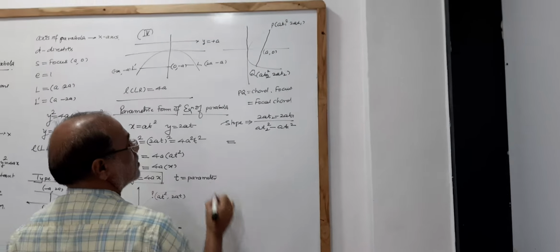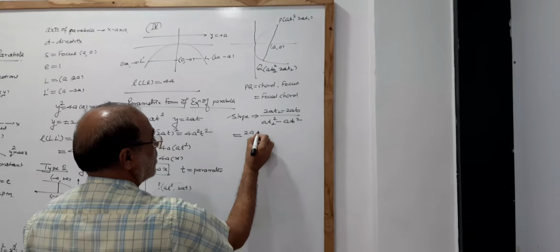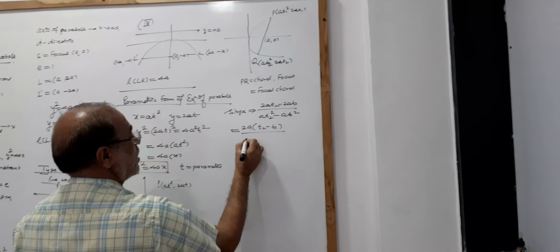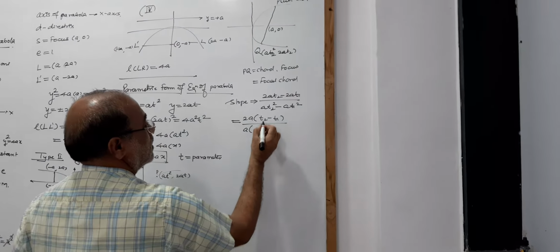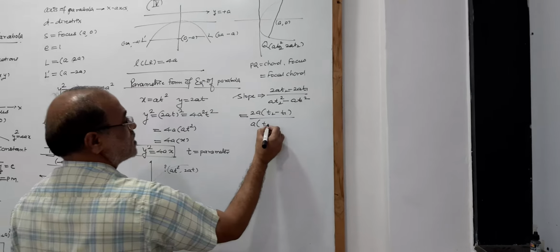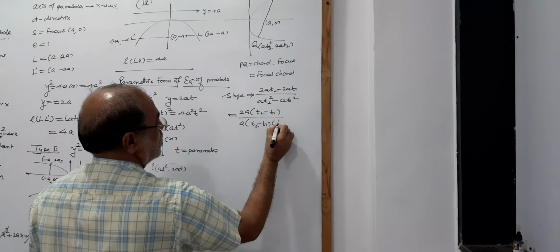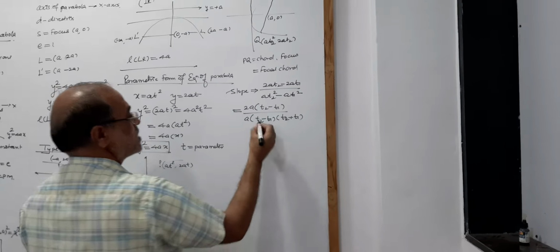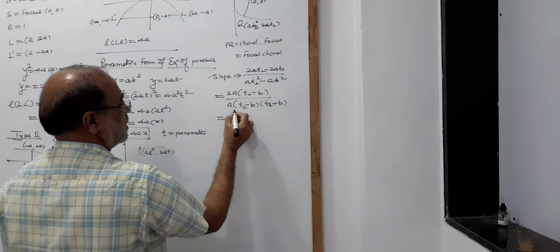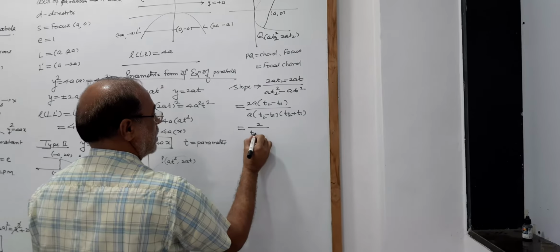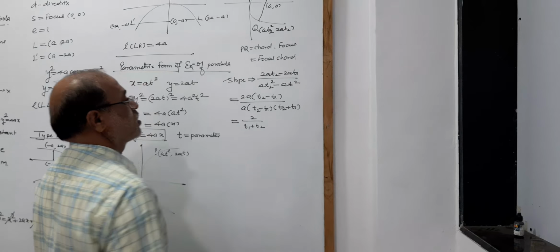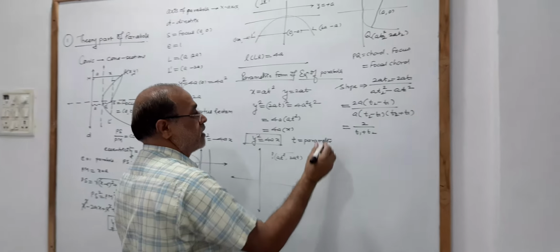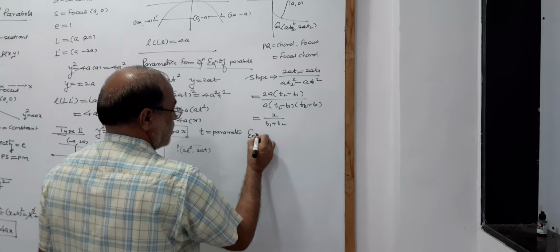If you take out 2a common, t2 minus t1, and a common below, t2 square minus t1 square means (t2 minus t1)(t2 plus t1). Cancelling, you will find 2 upon t1 plus t2 is the slope of the chord PQ.